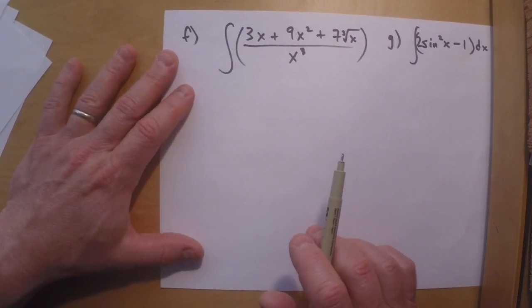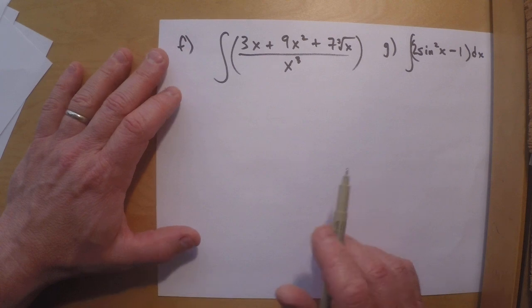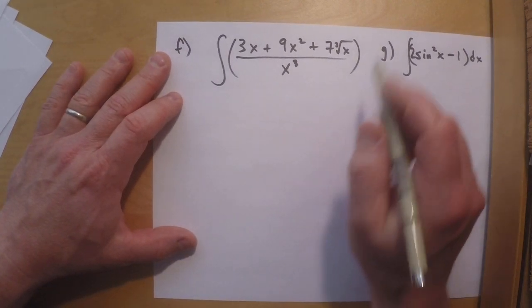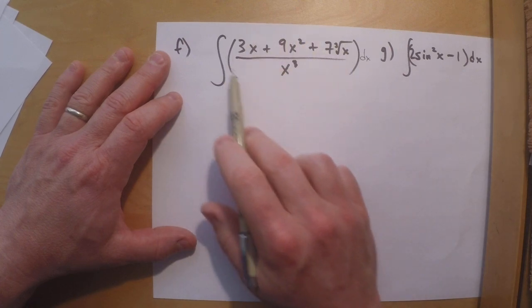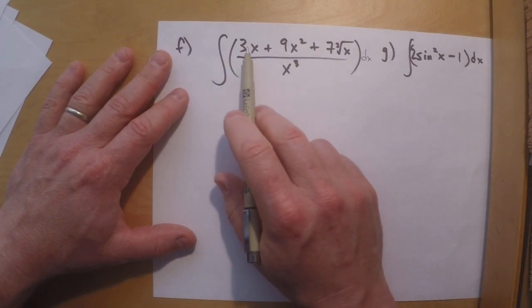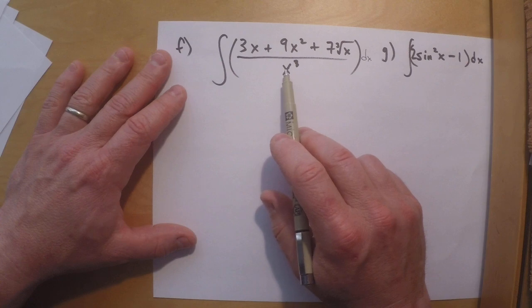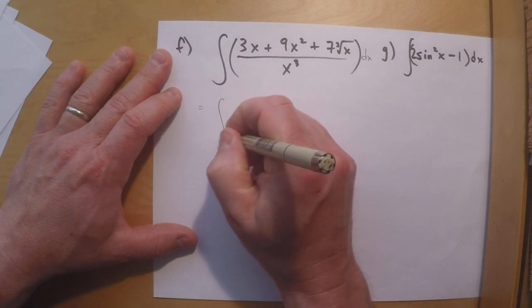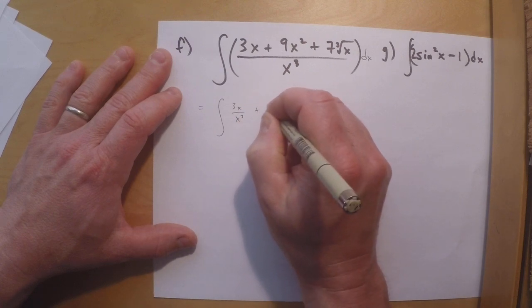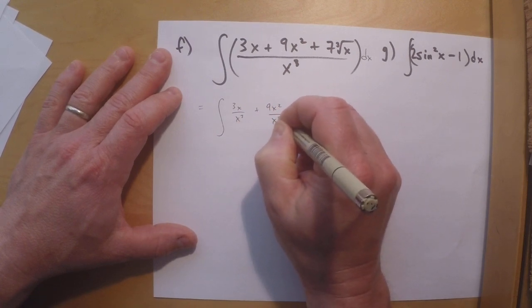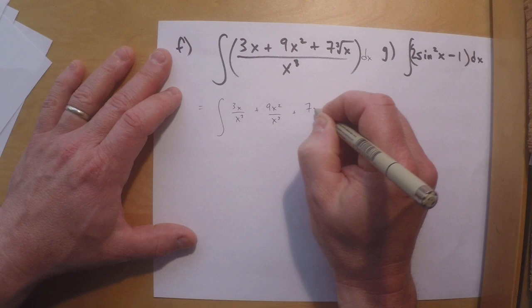Okay. So here goes this guy. Looks like an absolute rat's nest. Don't forget I need the dx there. So we're taking the antiderivative of this. And because this is a horrible rational, the only way out of this is to write this as separate individual fractions.